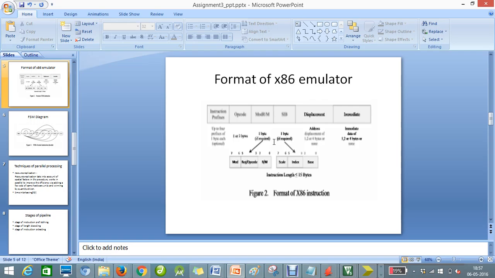And this is the instruction format of x86, which consists of instruction prefix, opcode, and then displacement, immediate, SIB, and all these fields are there. The x86 instruction system is a classical CISC instruction set, including instructions of data transmission, arithmetic, logical operations, flag register transmission, symbol extension, and so on.